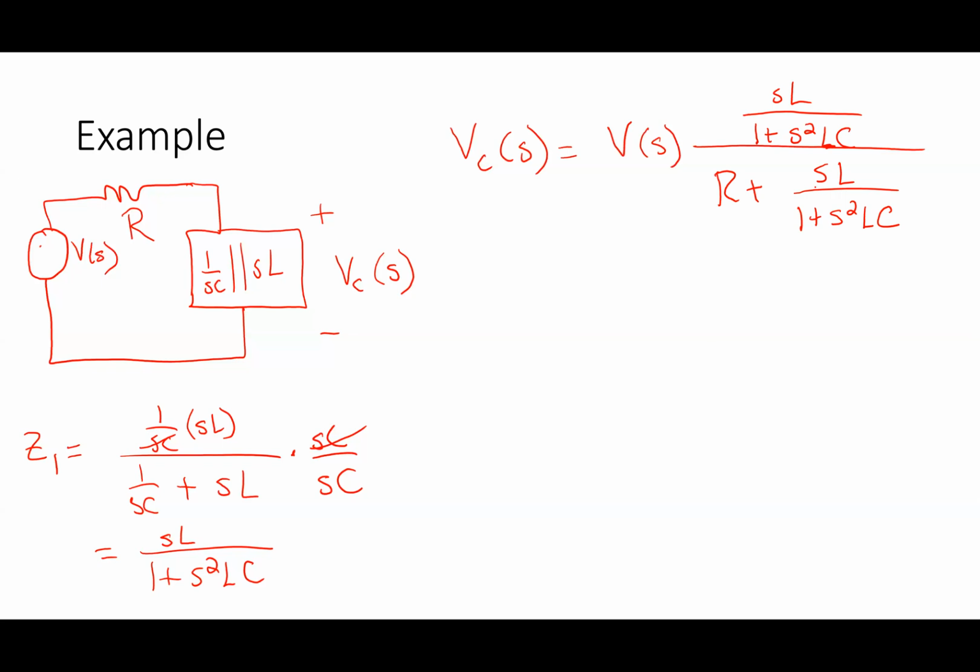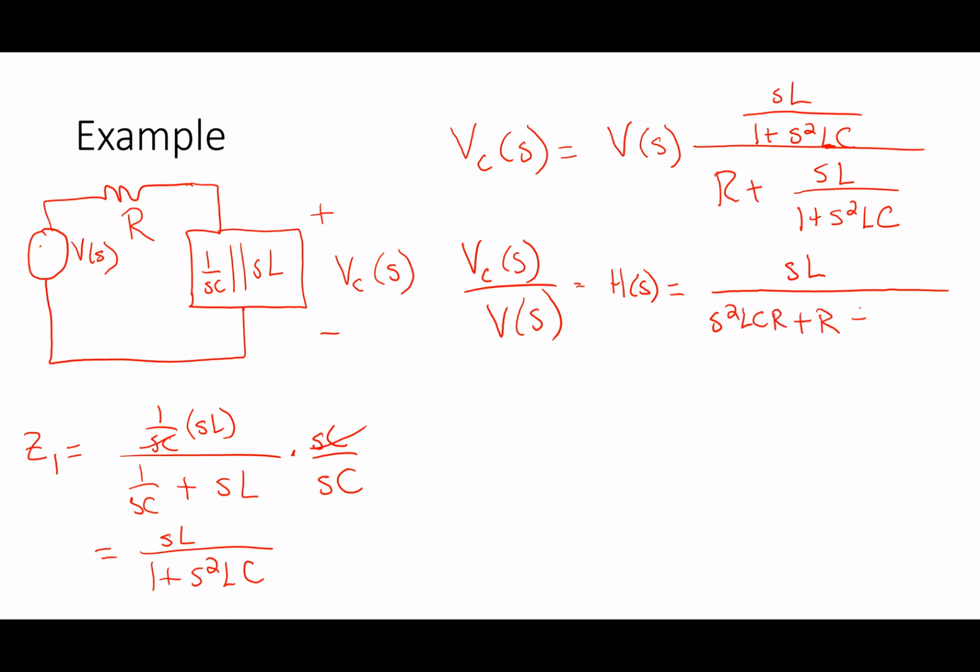So what would I do here to simplify this? Multiply this top and bottom by 1 plus S squared LC. I'm going to say V sub C of S, and I'm going to bring the V of S over, so I divide both sides by V of S. That's equal to H of S. That's going to become SL over S squared LCR plus R plus SL.